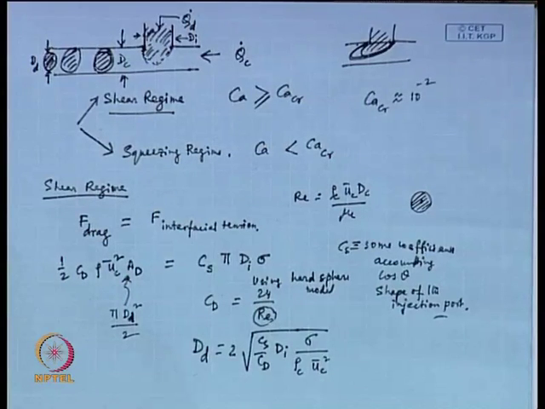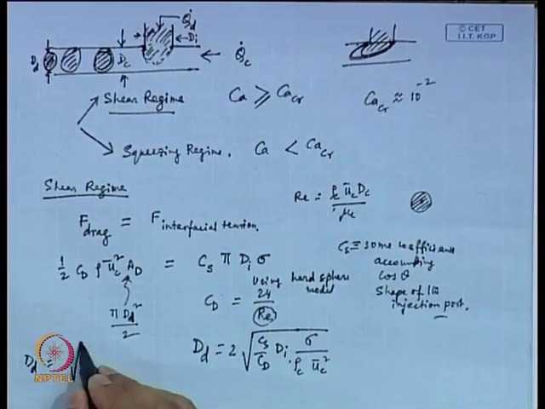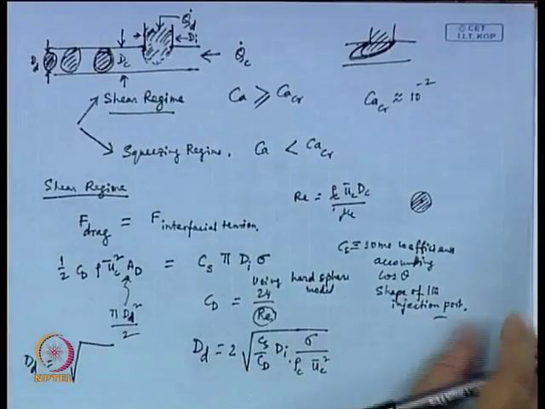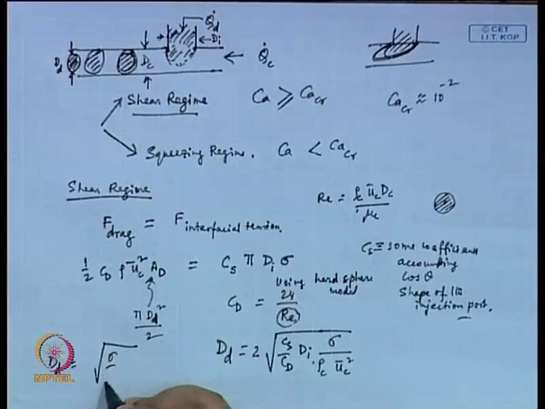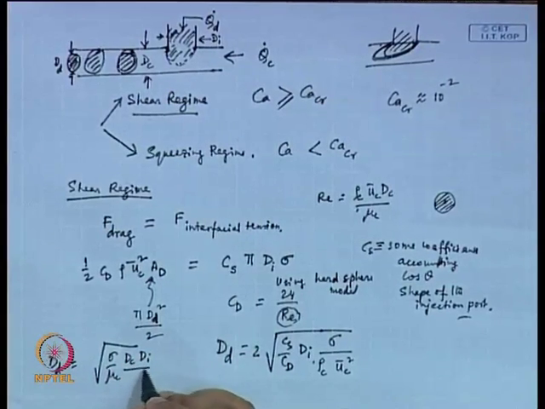Now, if somebody assumes C s to be equal to 1 and C d to go there, then the droplet diameter would be equal to the square root of sigma divided by mu c d c d I divided by u c bar.